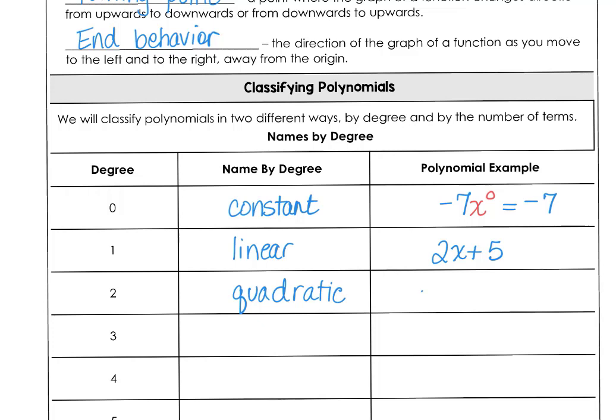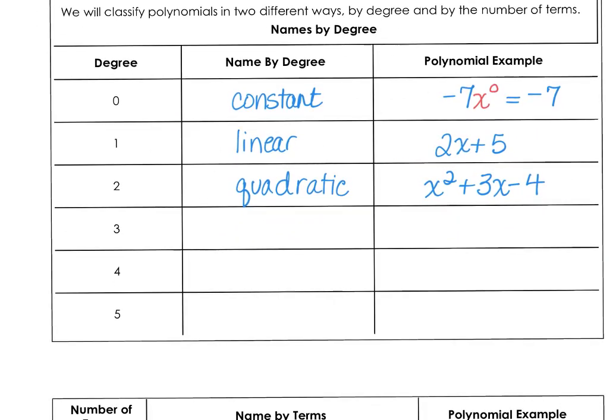So we can name a polynomial as quadratic when the degree of the polynomial is 2. We say we have a cubic polynomial when the degree is 3. And I'm thinking of an example, 5x cubed minus 2x.